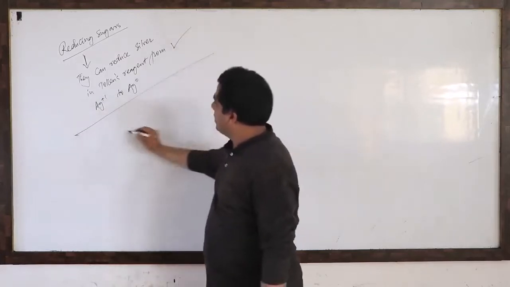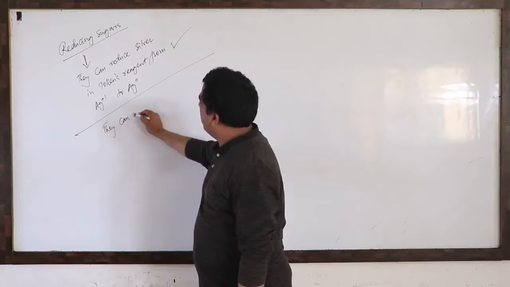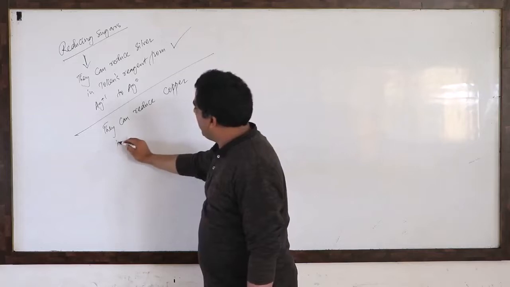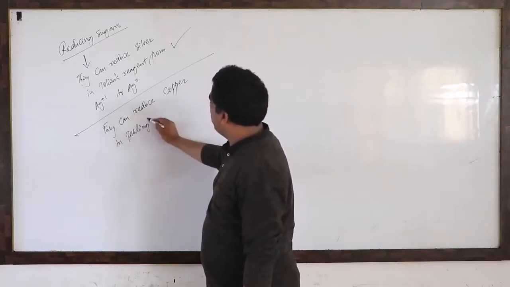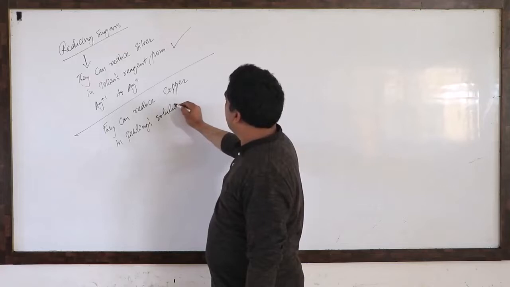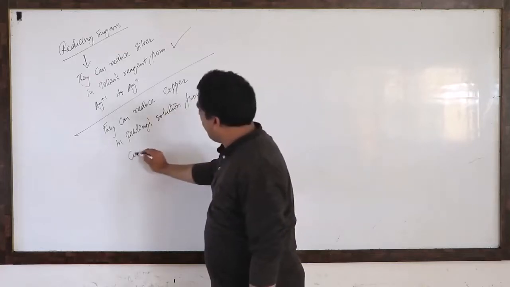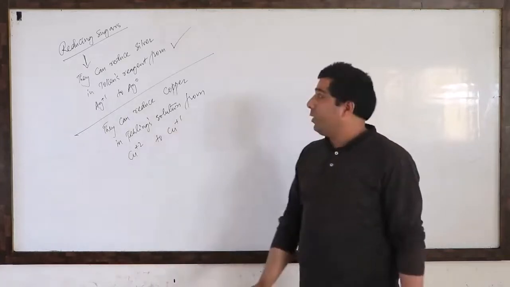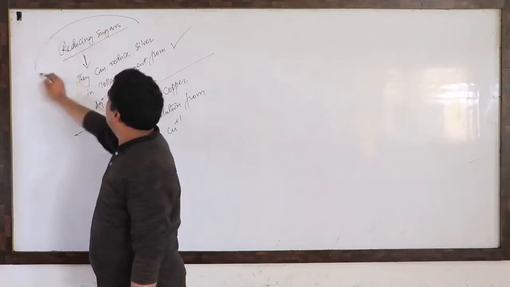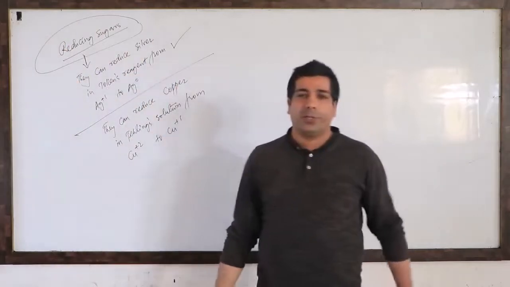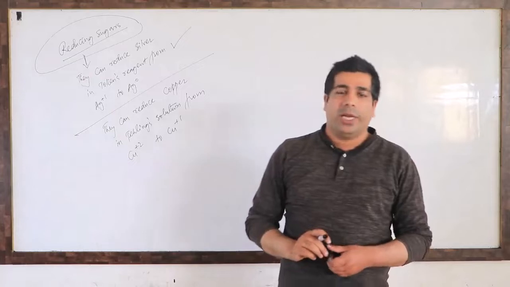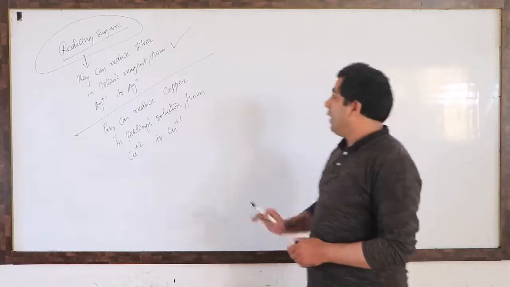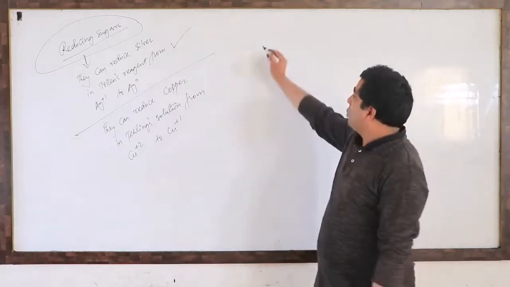So my second point is that they can reduce copper in Fehling solution from copper +2 to copper +1. So with these points we can understand what the reducing sugars are. So reducing sugars can reduce silver from +1 to 0 and copper from +2 to +1, in Tollens reagent and Fehling solution.